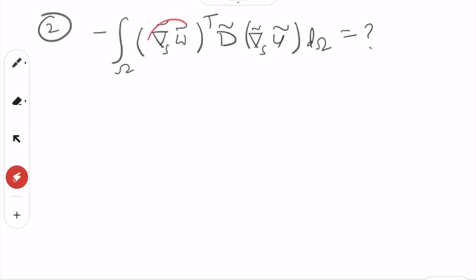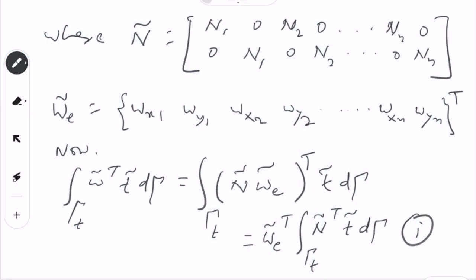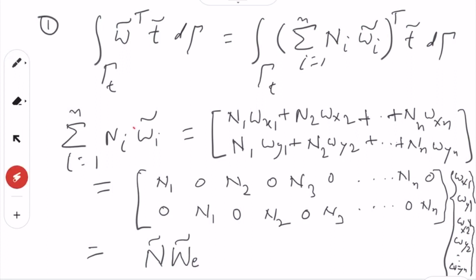We already know what the W is, right. If you put it there, how does it look? So, W here is given as N tilde times W e tilde, that is what we have written, right.